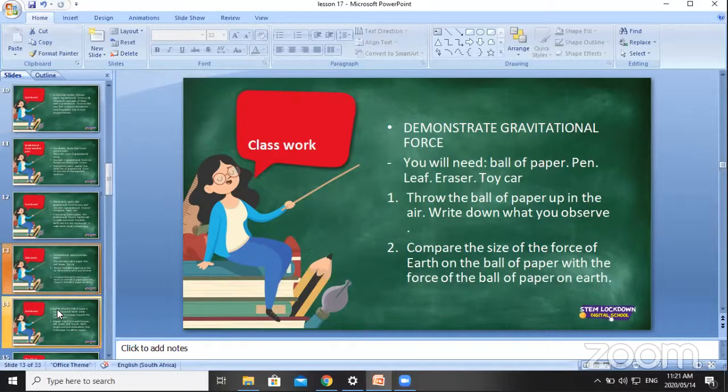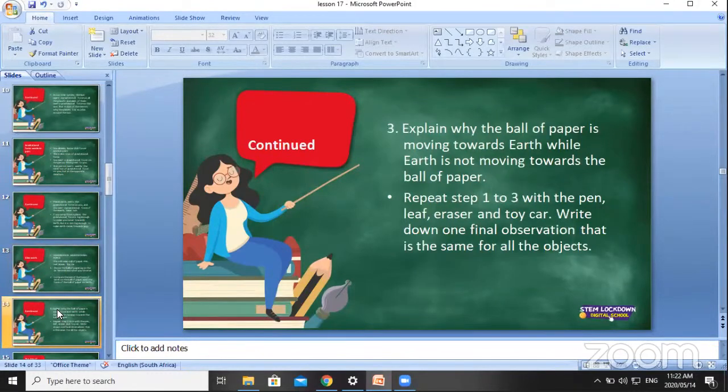We all know the force of paper on Earth will be less because the Earth will not move towards the paper, but the paper will always come back towards the Earth. Therefore, the gravitational force of Earth on paper is high, and the gravitational force of paper on Earth is low. Then let's continue to see another one when you're looking at the sizes of these things.